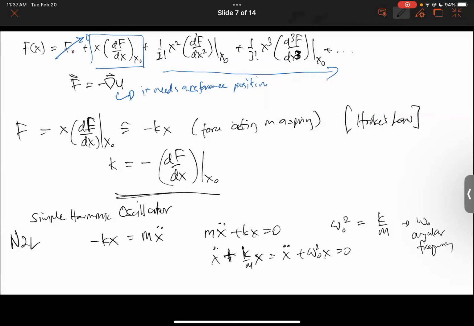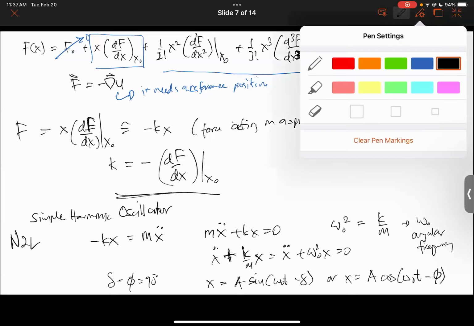And we know kung ano yung solution dito. Ang alam natin na solution dito is x is equal to A sine(omega naught t minus delta), or x is equal to A cosine(omega naught t minus phi), na kung saan yung difference between delta and phi is just 90 degrees.